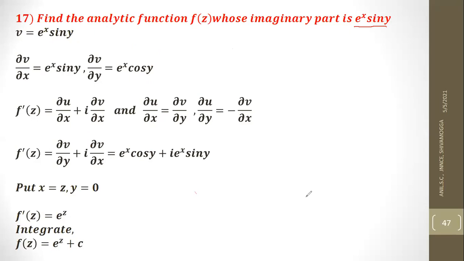Find the analytic function f of z whose imaginary part is e power x into sin y. Try this problem. If you find any difficulties, you can unmute yourselves and ask. This is just to know whether you understand these kinds of problems or not.